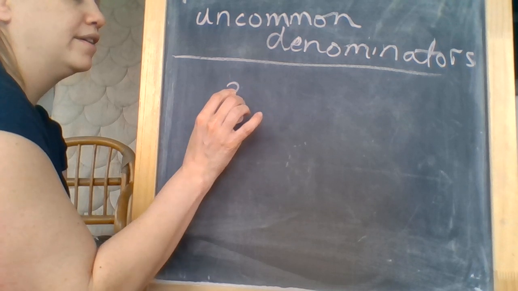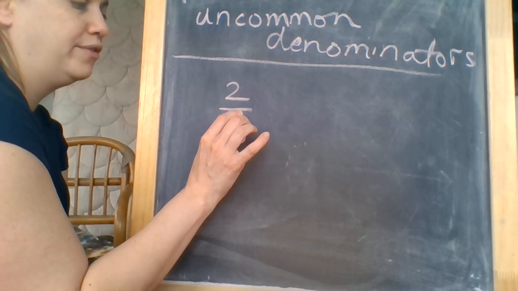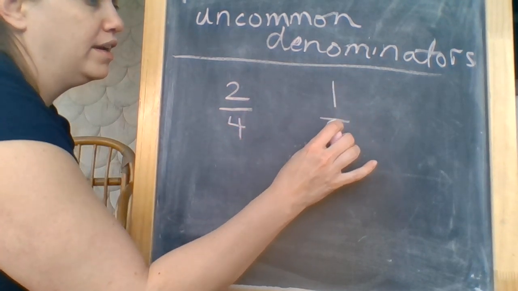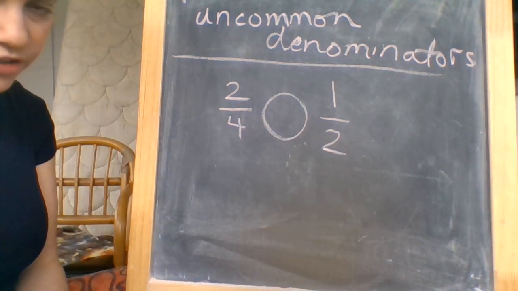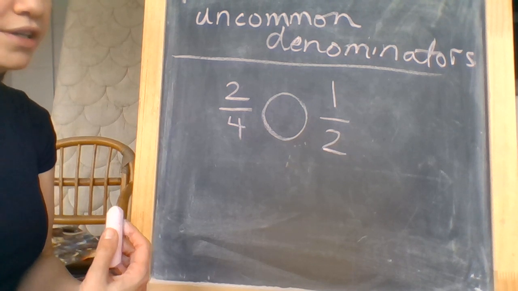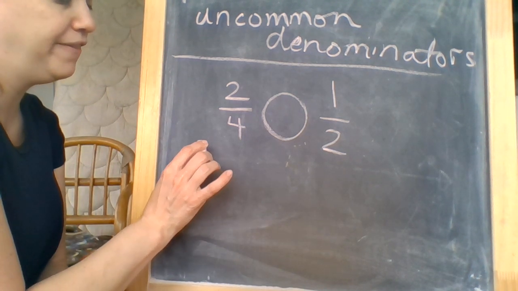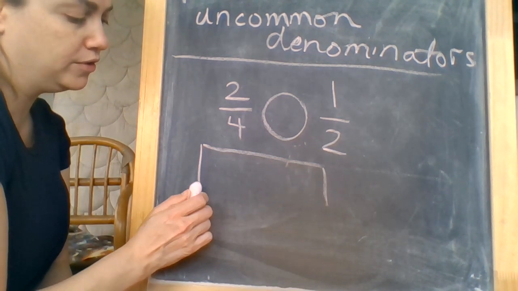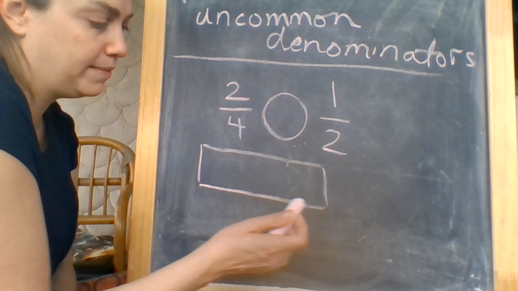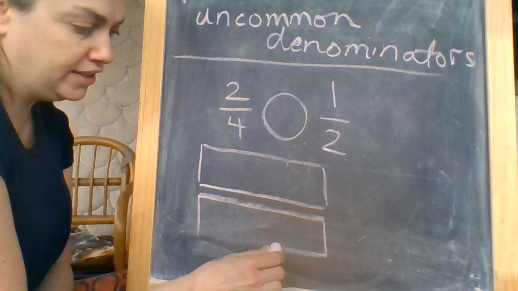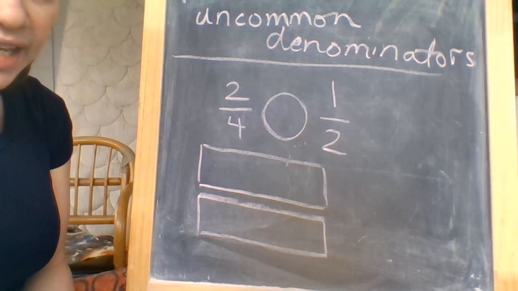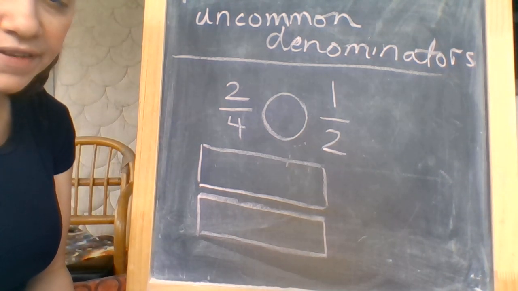Let's compare 2/4 and 1/2. I'm going to do a picture method. I prefer the picture over the number line. That's my preference, but you're allowed to have your own. So I'm going to draw 2 of the same size picture. So let's imagine that Mrs. Conley eats 2/4 of her sub and Angel eats 1/2 of his sub.